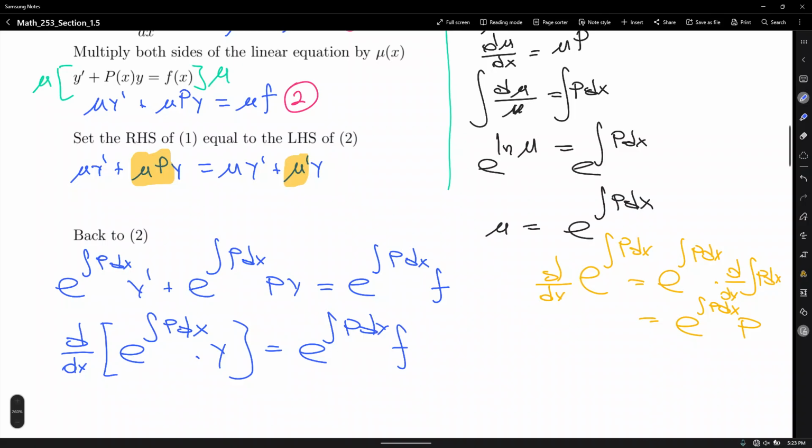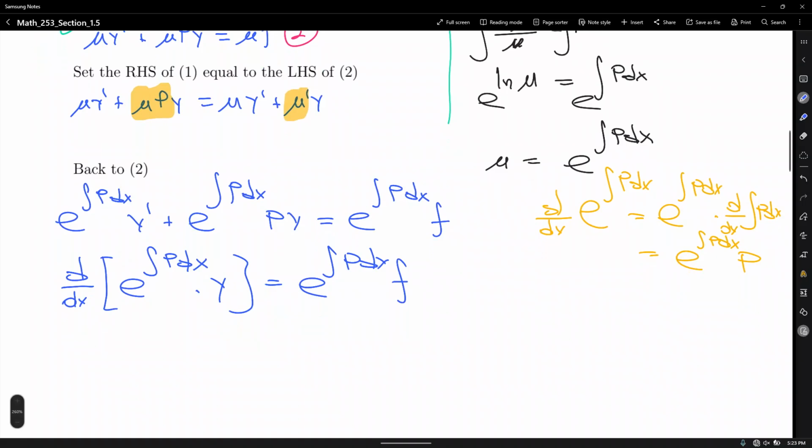We're almost done, by the way. I'm going to rewrite this form in a more compact way. But first of all, how about we separate the variables? So now that linear first order equation, which initially wasn't separable, is now separable. So I'm going to multiply both sides by dx. That's going to leave us with e to the integral of p dx times y equals e to the integral of p dx.